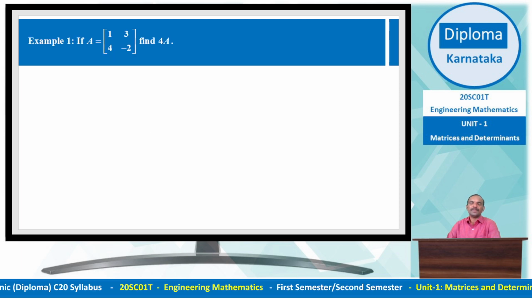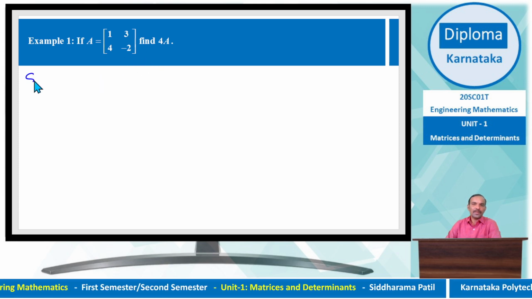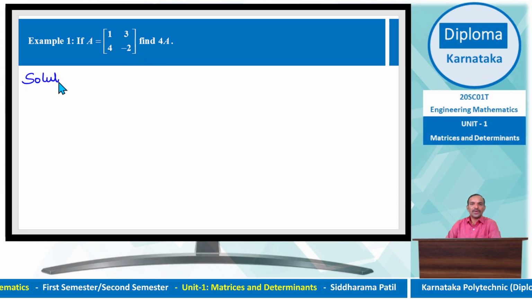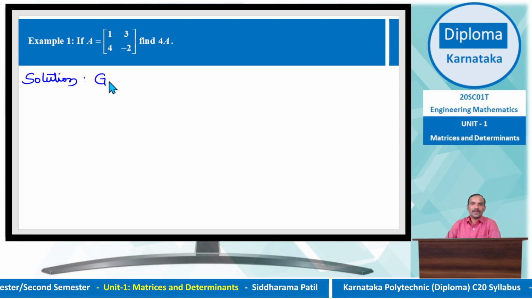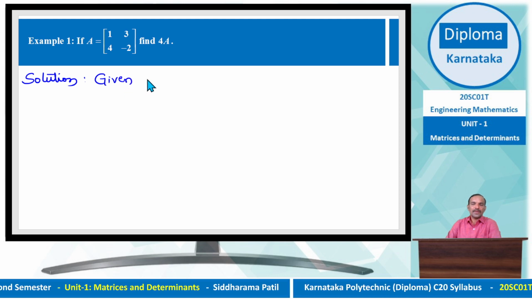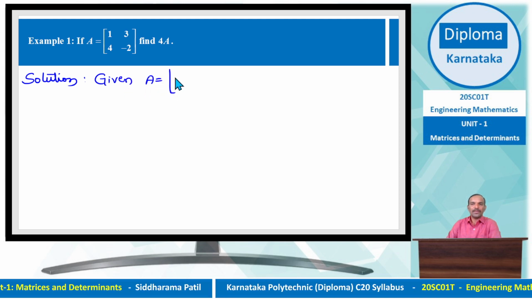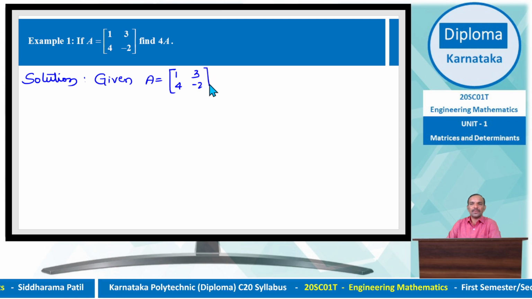Example 1. If A equal to [1, 3; 4, minus 2], find 4A. Solution. First you have to write the given matrix. Given is matrix A equal to [1, 3; 4, minus 2].